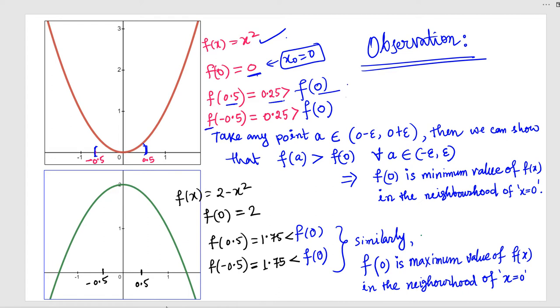Also, if you take minus 0.5, then also you get a value greater than 0.